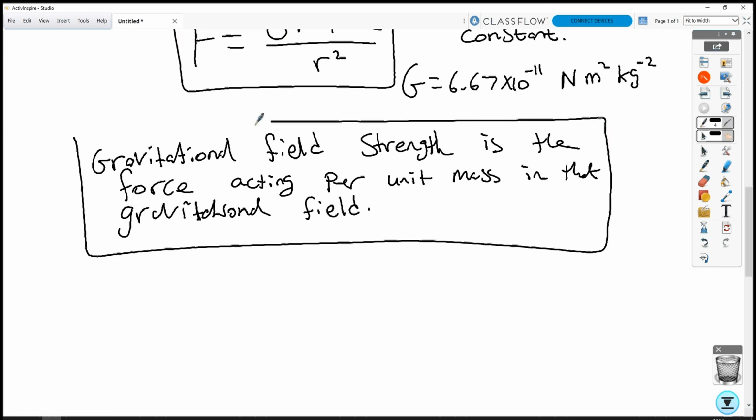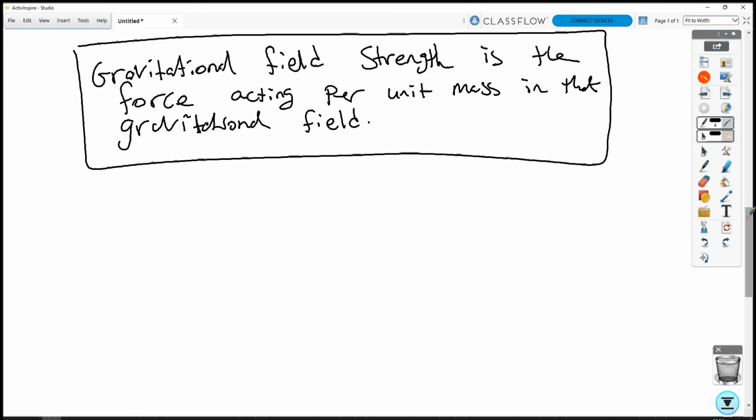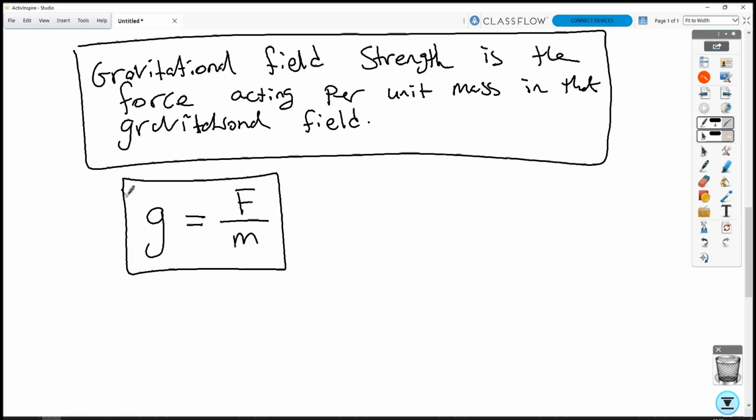So as an equation, if we consider force acting per unit mass, the word per usually should remind you that it's a division. So gravitational field strength g is the force acting F per unit mass divided by m. So this equation should remind you of F equals mg. In fact, it is the same equation, just rearranged.